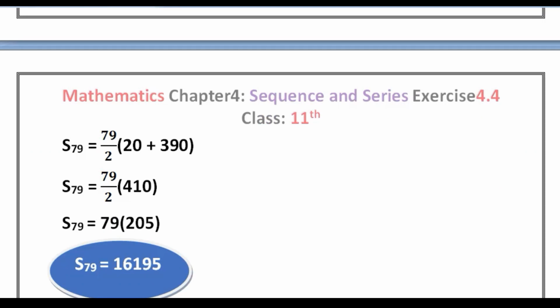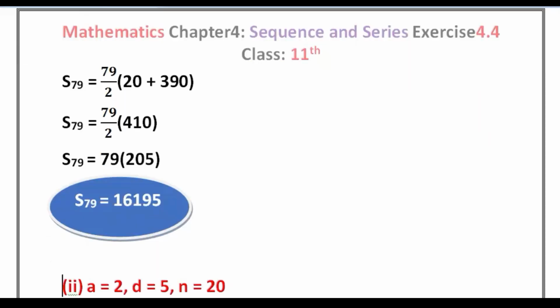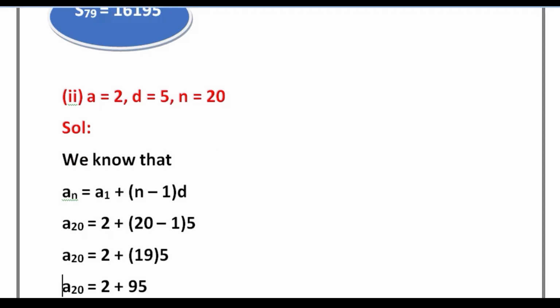So S79 is equal to 410 divided by 2, which is 205. 205 multiplied by 2 is equal to 410. So 79 multiplied by 205 is equal to 16,195.